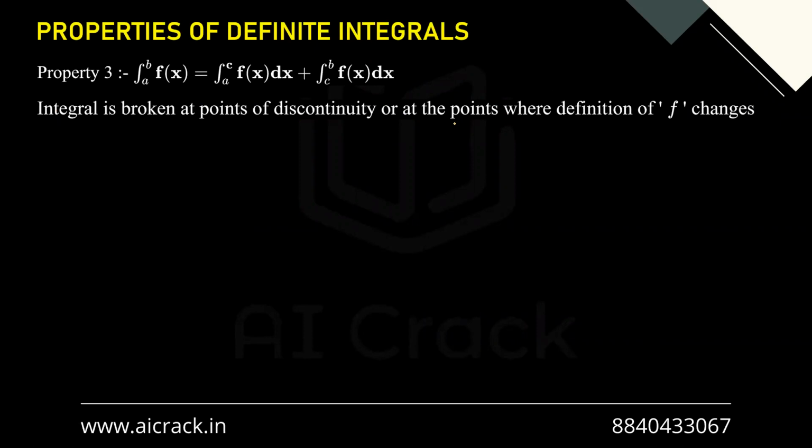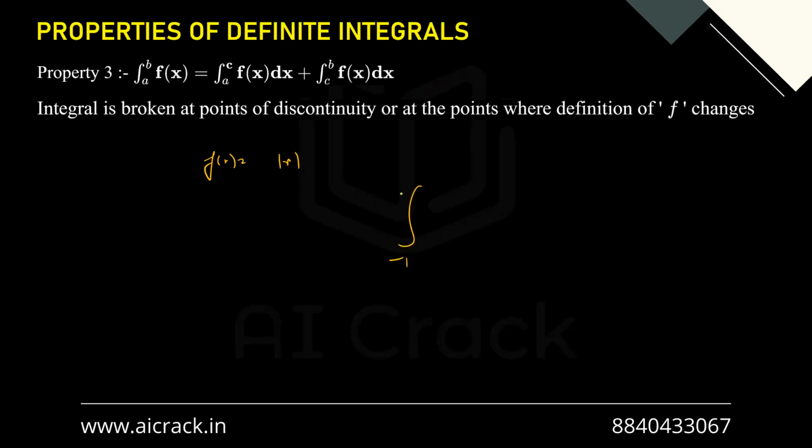Now let us look at the third property. It says integral a to b f(x) equals integral a to c f(x) dx plus integral c to b f(x) dx. Basically, we are breaking down the integral at a point c where there's a point of discontinuity or the definition of function changes. For example, let's say we have f(x) equals mod x. This definition is changing at x equals 0.